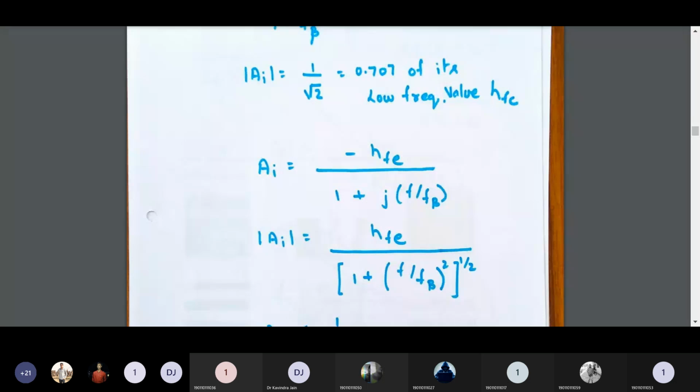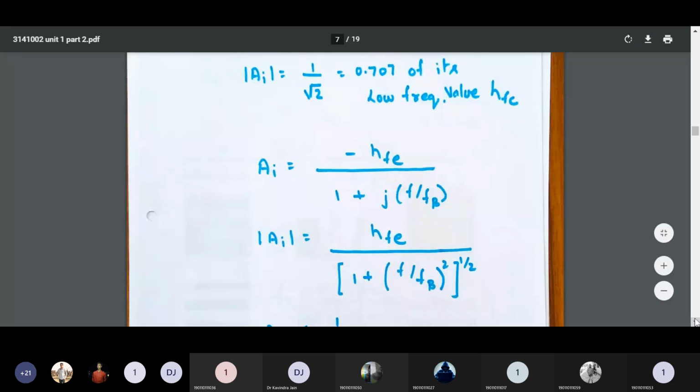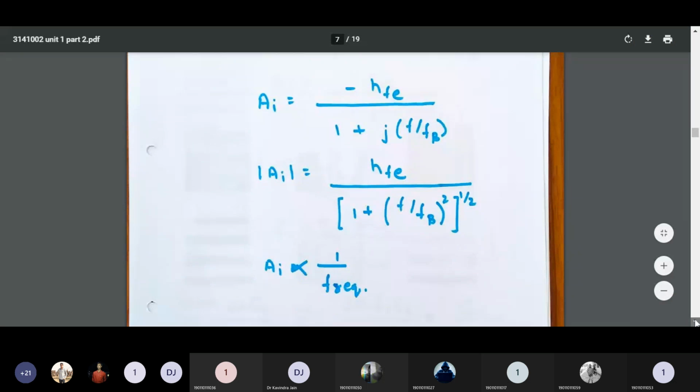So if my frequency is increasing, the CE amplifier current gain is decreasing, which is not feasible for any amplifier circuits. Why and how is the decrease? That is being reflected in this particular graph.